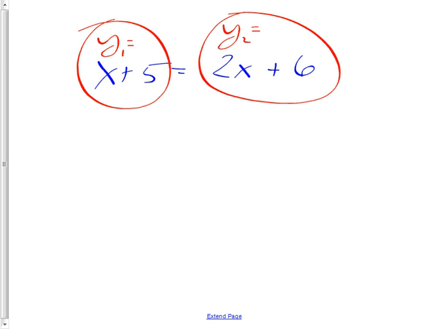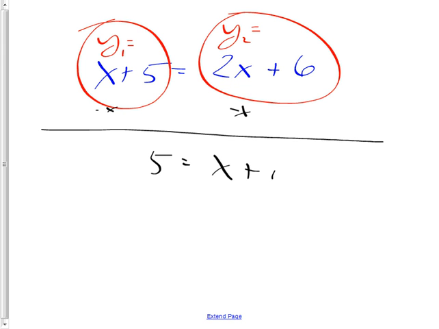I graph those two and I see where they cross. Can you solve it the old-fashioned way? Sure. We can solve this by subtracting x from both sides. I'll show you that way too. And then I'd have minus x, and go 5 equals x plus 6, and then I subtract 6, and I'd have negative, let's see, 5 minus 6 would be negative 1. I know you can do that way. That's the way you're used to, right?